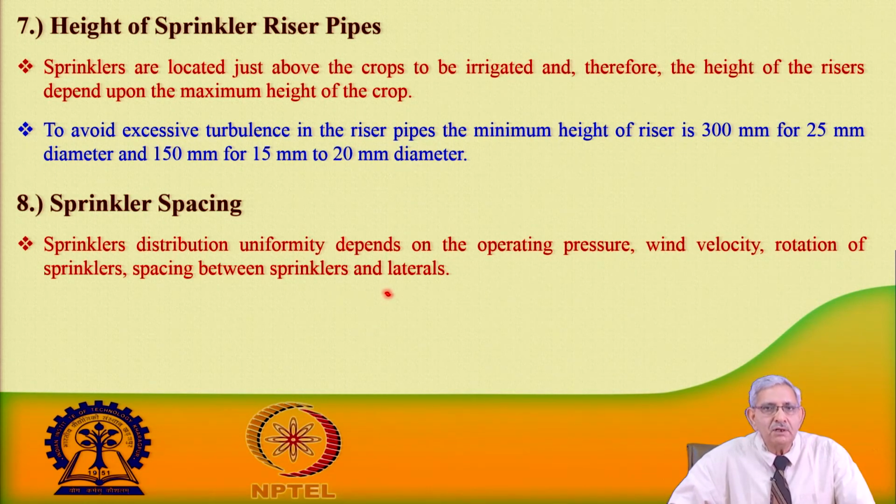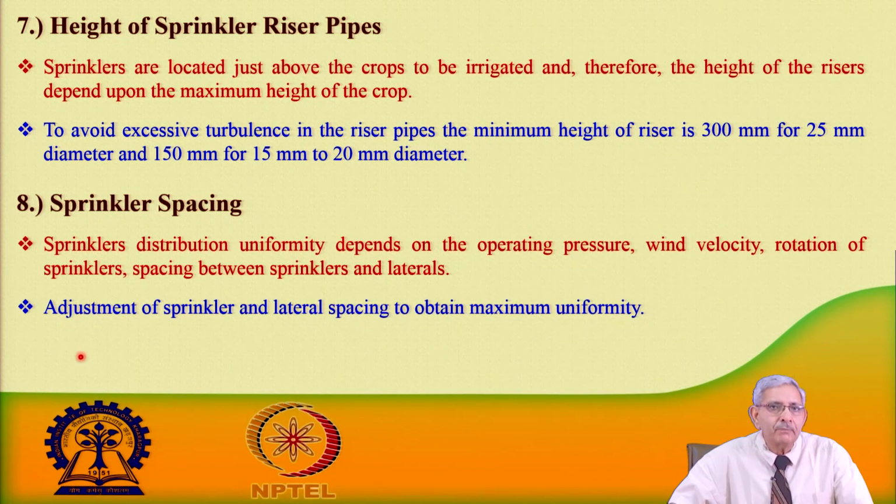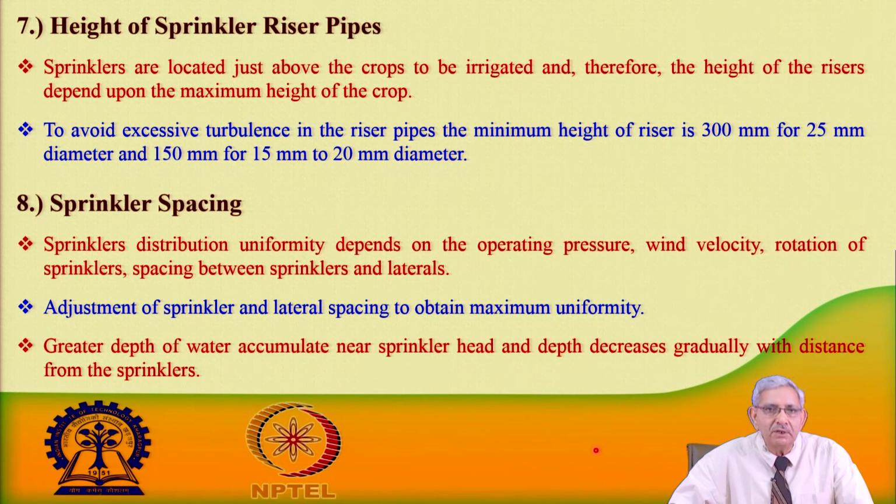So, spacing is another part that has to be considered, that is how much the pressure is, what the wind speed is, and then the spacing between the sprinklers on the lateral, and the spacing of the laterals, is also taken care of. Adjustment of the sprinkler and spacing should be made, or there should be provision, so as to achieve maximum uniformity.